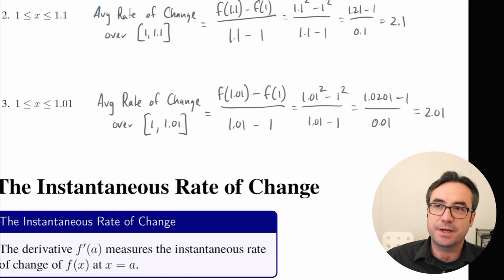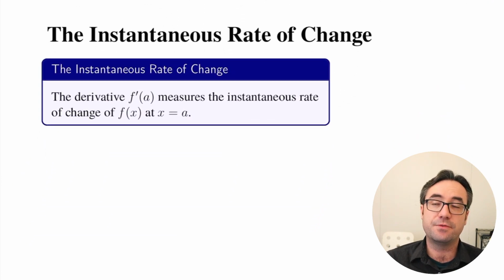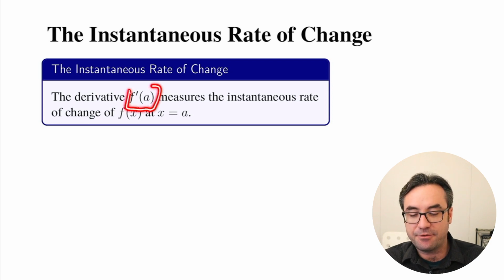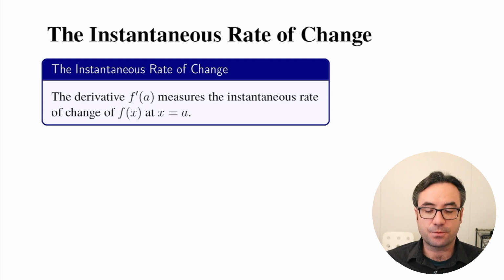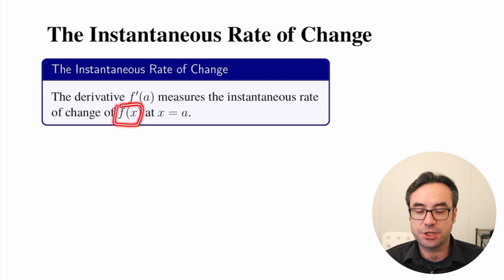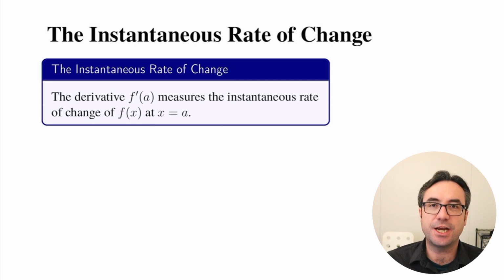And it looks like if we were to keep this going, they're going to start approaching some common value. And that's ultimately what the derivative is. So the derivative, what we've been calculating, f prime of a, measures the instantaneous rate of change of our function directly at x equals a. So it tells us how much our function is changing directly at that x value.